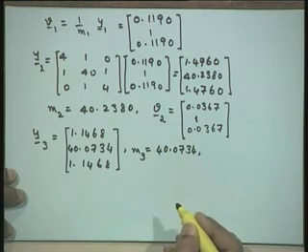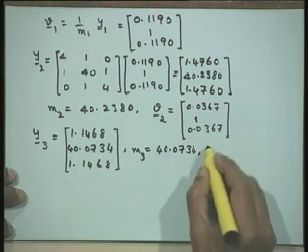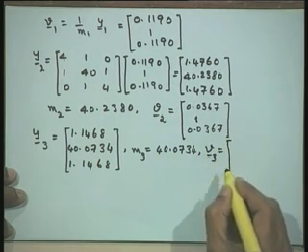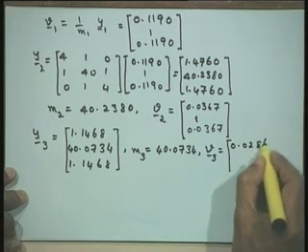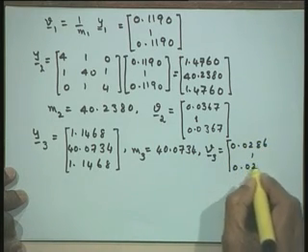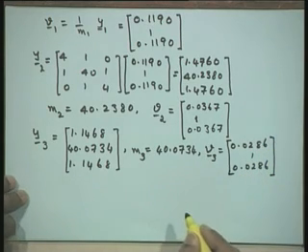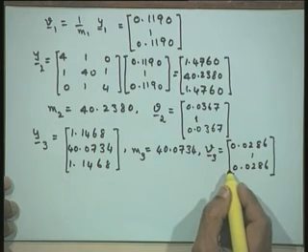Division by this element would give me the next vector V 3. This completes our third iteration.